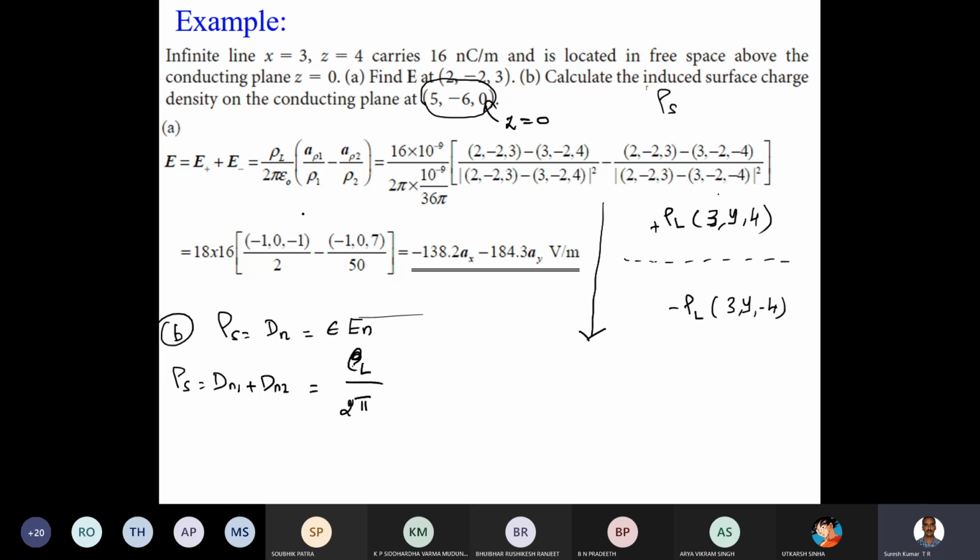That epsilon naught term will get cancelled, right? So what else will be left? R1 vector by its magnitude minus R2 vector over its magnitude.